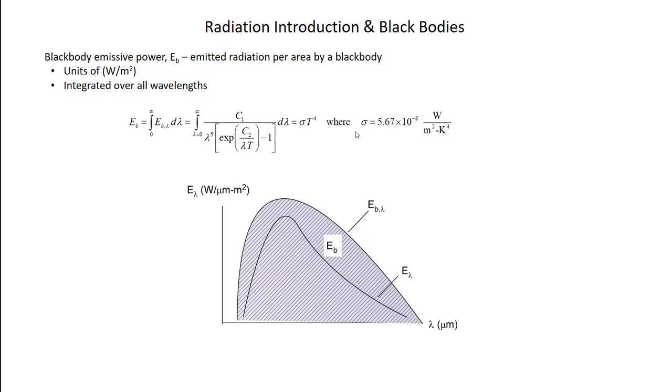So sigma is the Stefan-Boltzmann constant, 5.67 times 10 to the minus 8, and T is the absolute temperature. So sigma T to the fourth, watts per meter squared, and then Kelvin to the fourth over Kelvin to the fourth. This is watts per meter squared. So sigma T to the fourth is the blackbody emissive power, right?